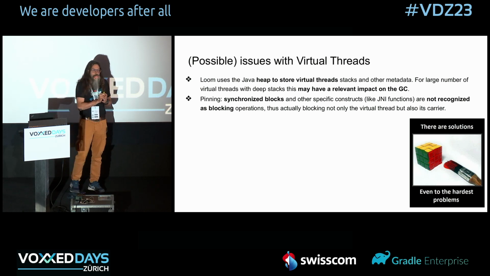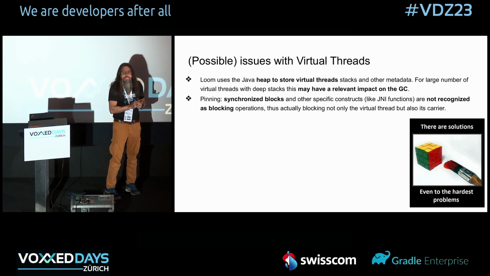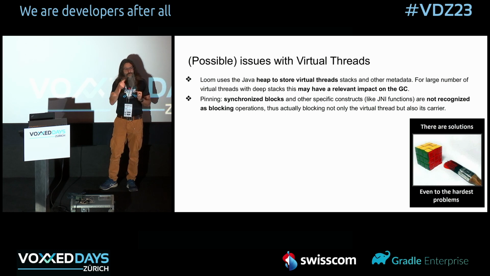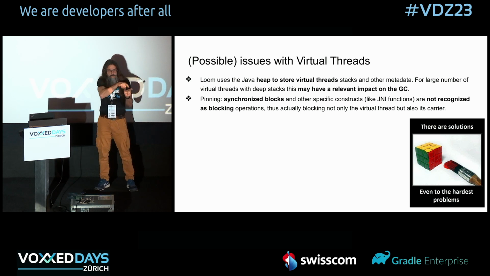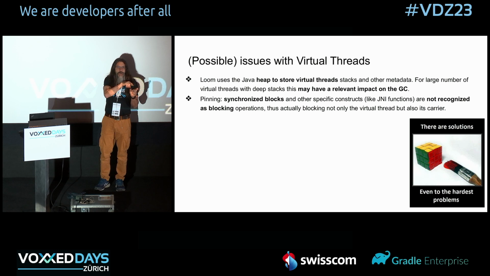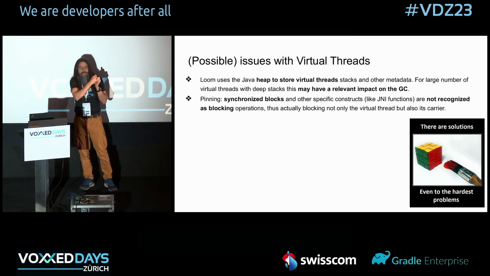And when this happens, in a few cases, it happens mostly inside a synchronized block. So if you have a blocking call inside a synchronized block, in that synchronized block, the virtual thread is pinned to the native thread. So if it performs a blocking call inside the synchronized block, it cannot be descheduled from its carrier, okay?